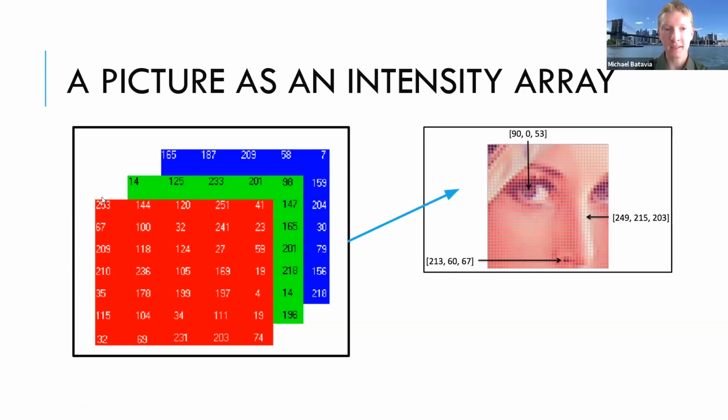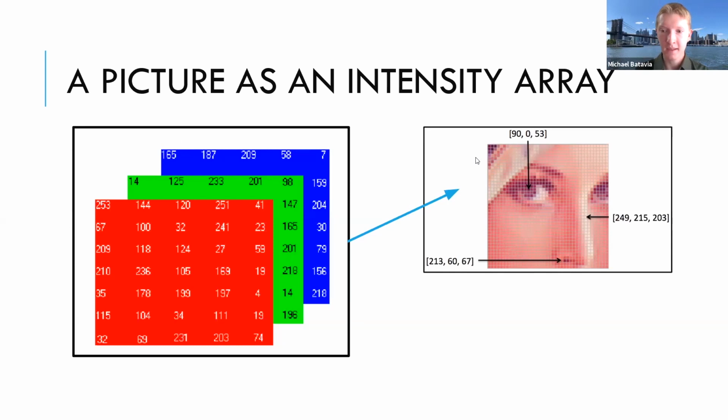Now, in this case, with the color channels, 255 means as much, let's just say red, as you can, and 0 means as little red as you can. And when you overlap all of the channels, if I overlap this row of images right here with 253 red, 14 green, and 165 blue, 253 red means as much red as possible, 14 green means don't put as much green, and 165 blue means put a lot of blue. You add that together, you get this first pixel in the image to the top left.